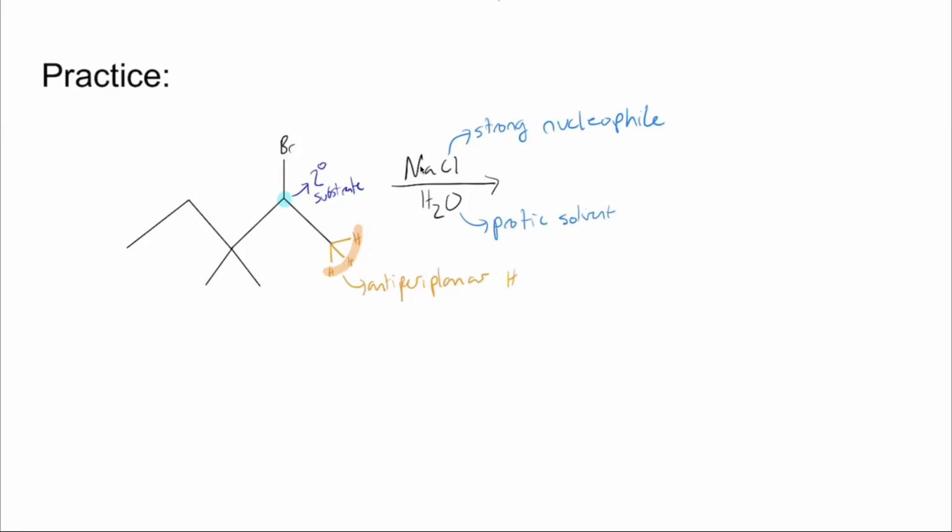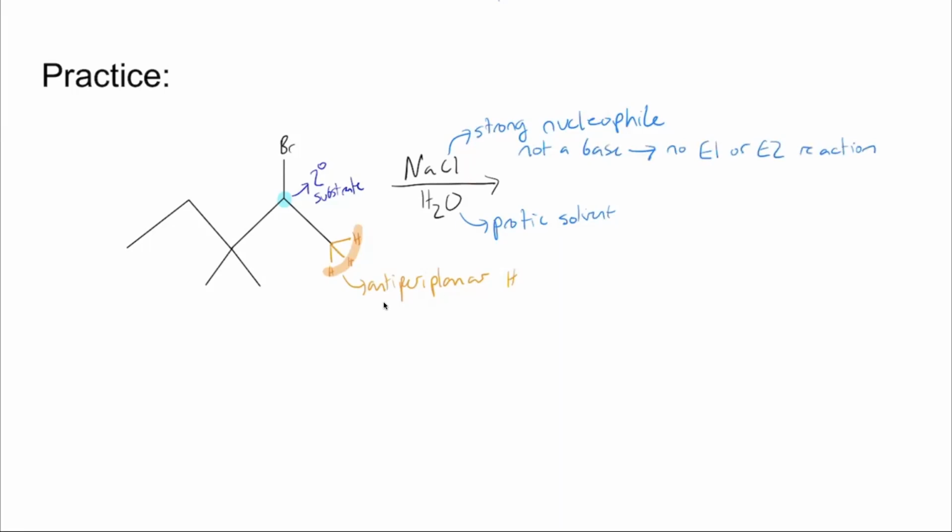However, we aren't going to be able to have an E2 reaction because Cl- is a strong nucleophile, but it's not a base. Because Cl- cannot act as a base, and we need something that can act as a base for any sort of elimination reaction, we are not going to have any E1 or E2 reactions. We're only going to be able to look at substitution reactions because Cl- is only a nucleophile.